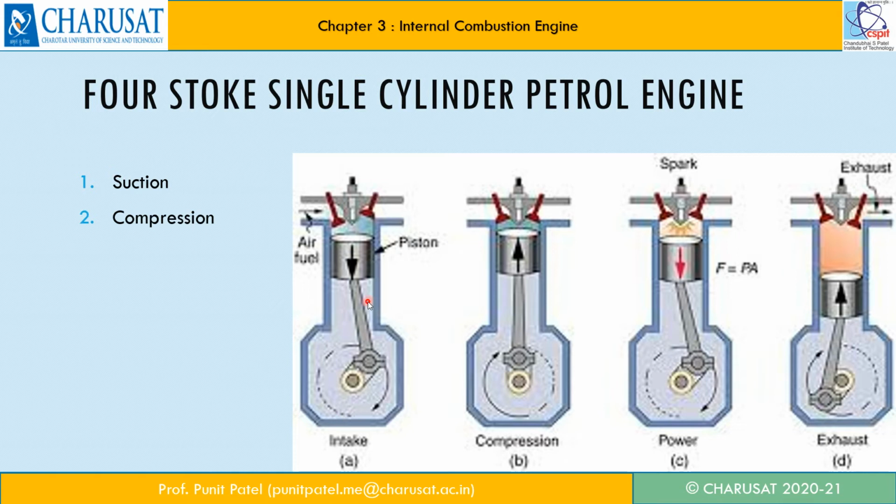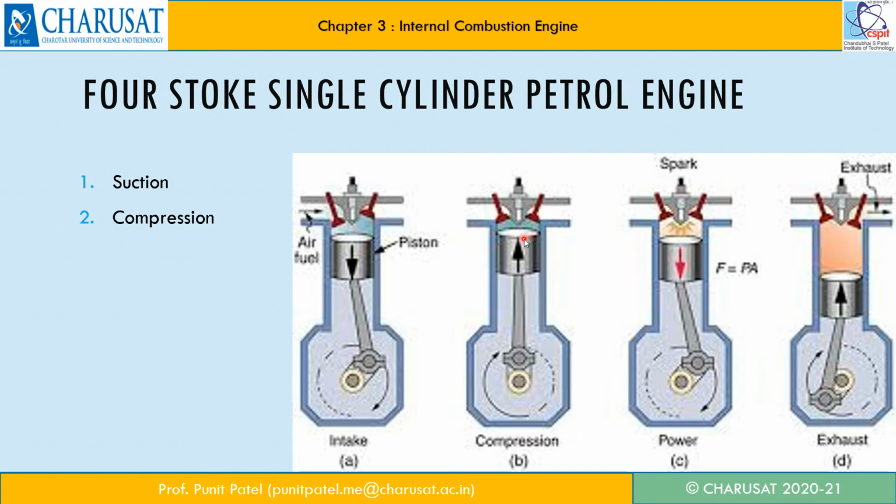The second is the compression stroke. In the compression stroke, both valves are closed and the piston moves from bottom dead center to the top dead center. Here your charge is compressed and the temperature as well as pressure will increase. When the piston reaches the top dead center, the spark is produced by the spark plug and it will ignite the air fuel mixture, and this combustion is almost instantaneous.